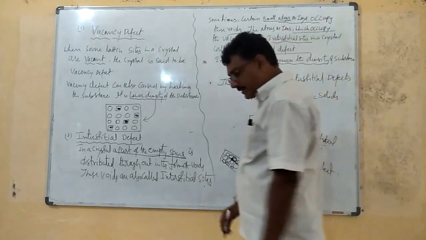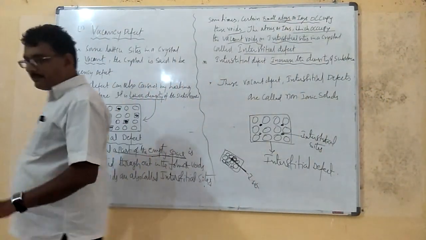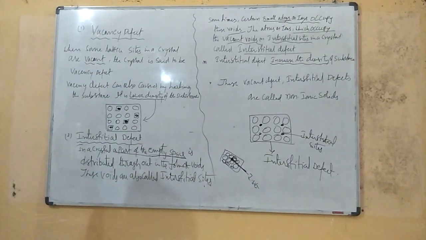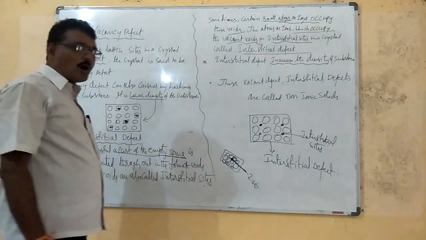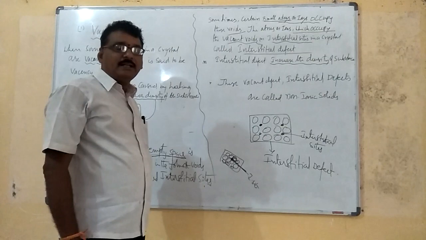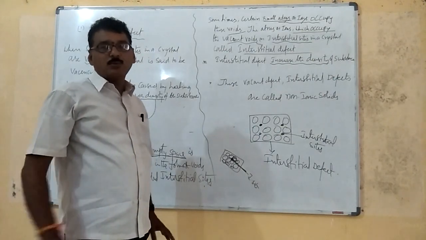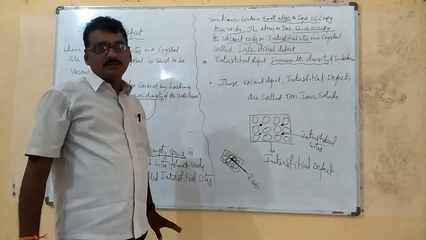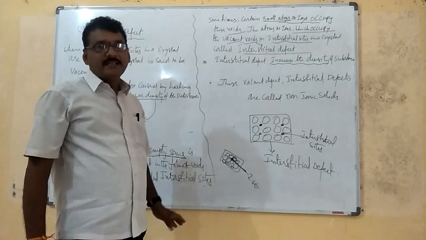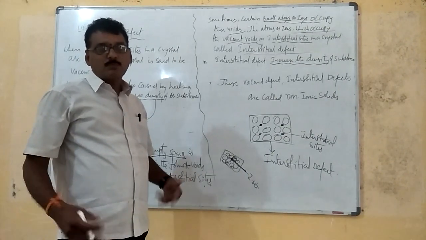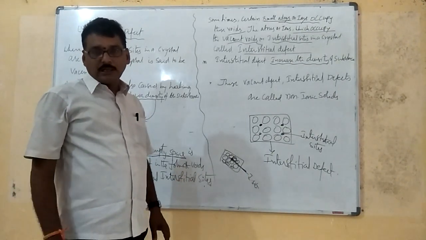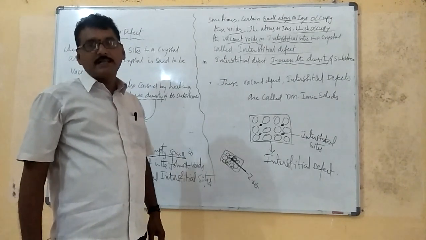The interstitial defect means the small gaps or small voids distributed throughout the crystal solid. In that space, some small atoms or ions will occupy these voids.